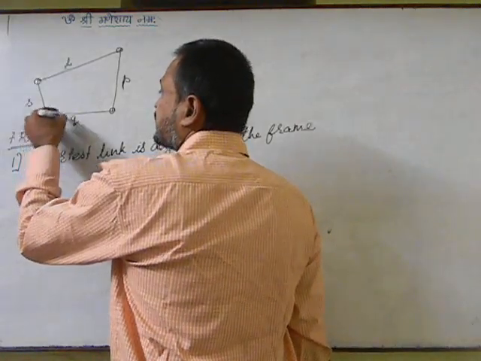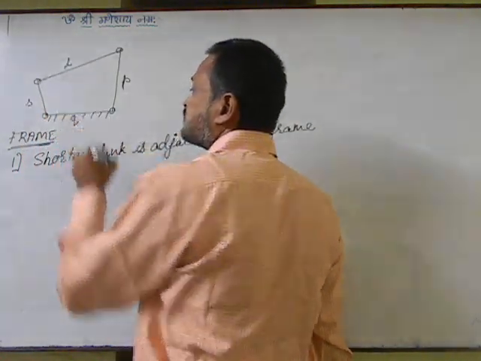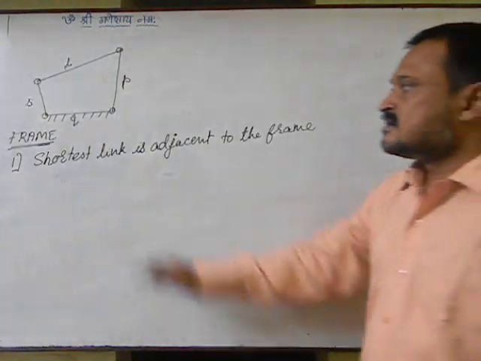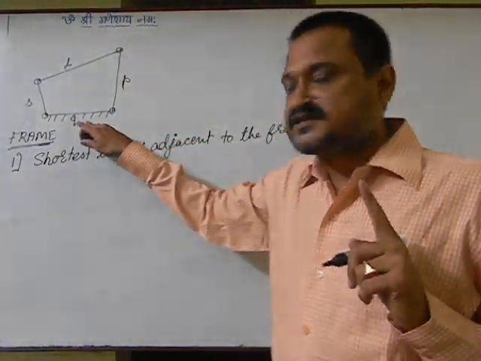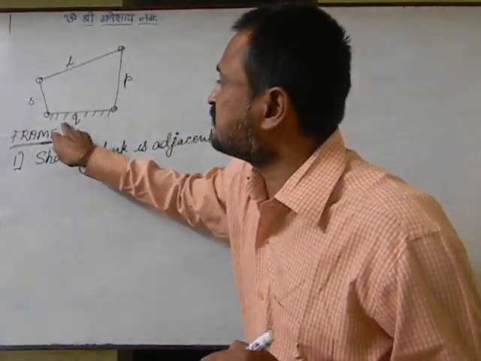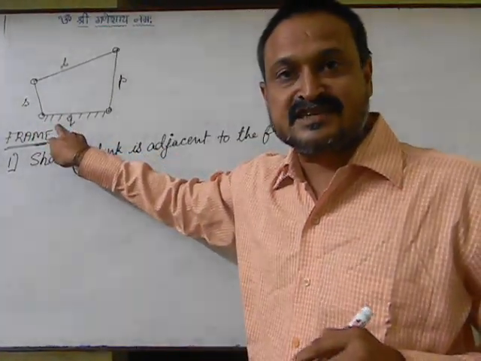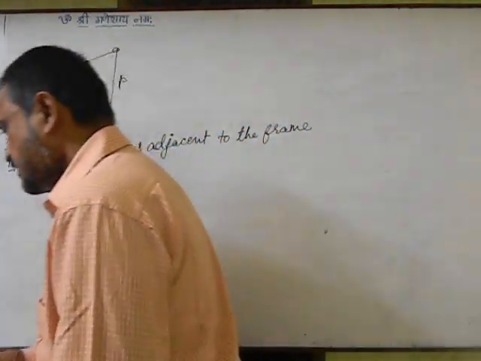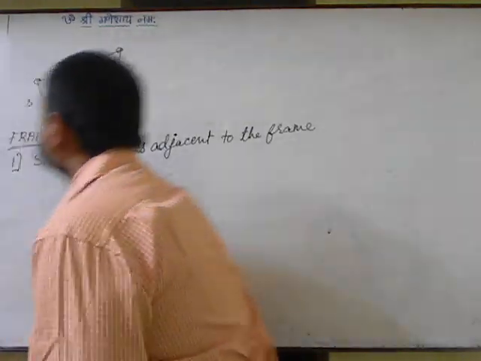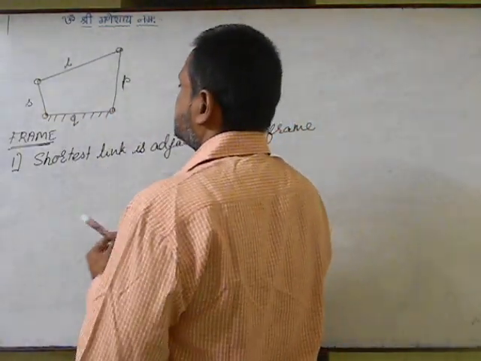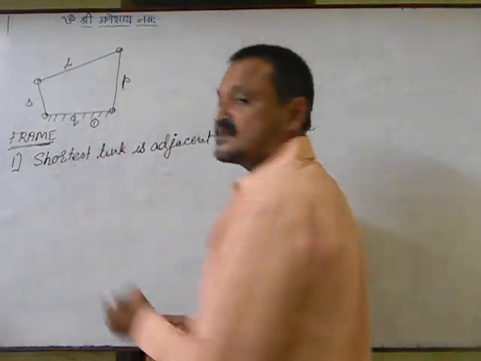I can select this link as the frame. This can be the first case because the frame is adjacent to the shortest link. So this is the first case where I am selecting this Q as the frame.